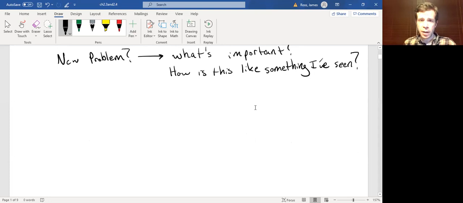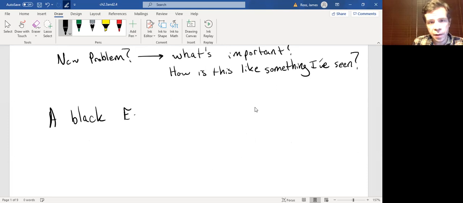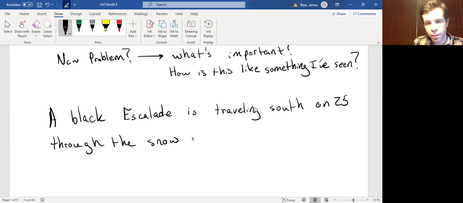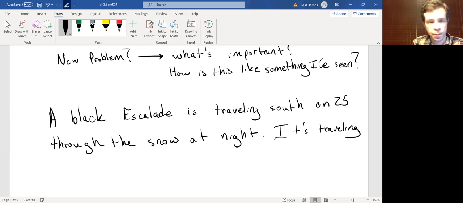So what I'm going to start with is: a Black Escalade is traveling south on 25 through the snow at night, traveling at 40 miles per hour.